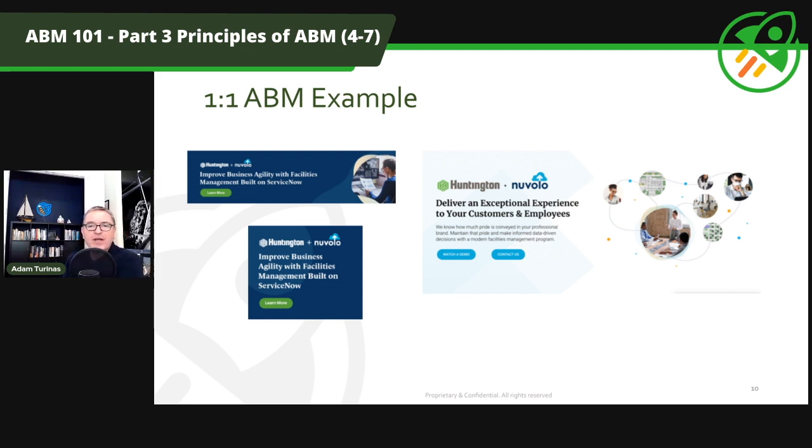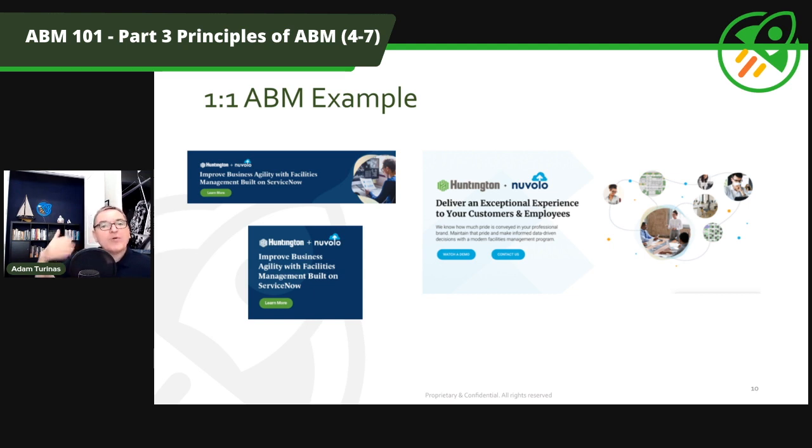So here's an example. It's a company called Nolo that are an outstanding ABM practitioner. What this is showing is for one of the accounts that they were pursuing, Huntington Bank, they developed a one-to-one landing page, a website specifically for that account.